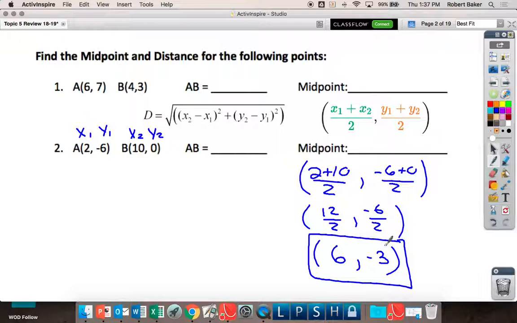All right? For distance, you have to fill out the equation to receive credit. That's showing your work.